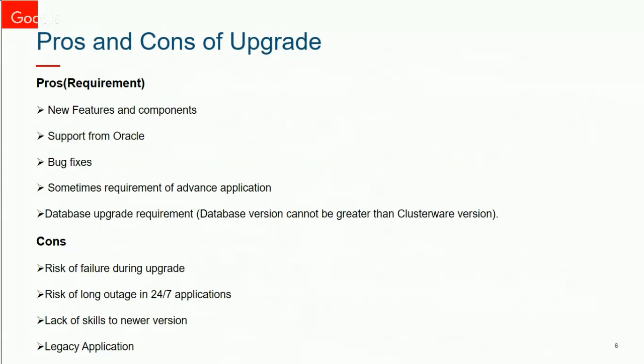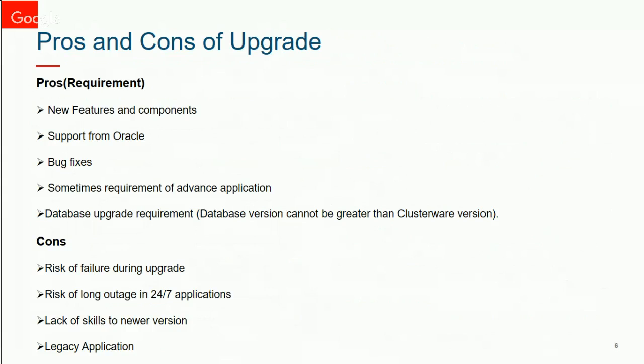So what are the pros and cons of the upgrade? Before you go for an upgrade, you need to have a reason why you are going for it. Every environment, everybody wants their system to be secure and fast.